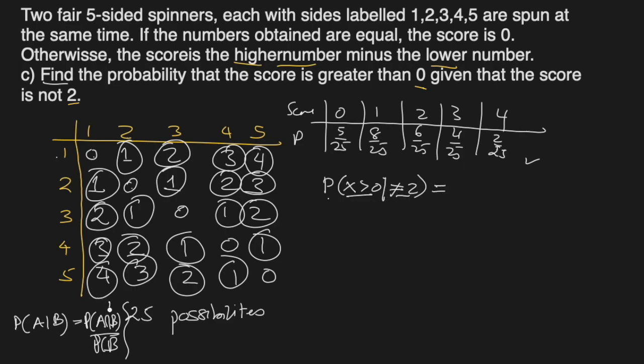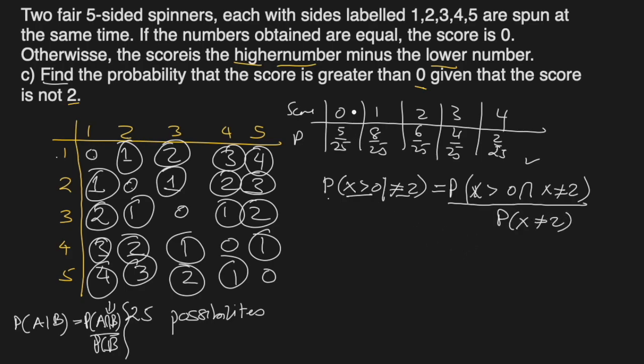That's what intersection means. So probability of x is greater than 0, intersection x is not equal to 2. Their common scores, and then probability that x is not equal to 2.